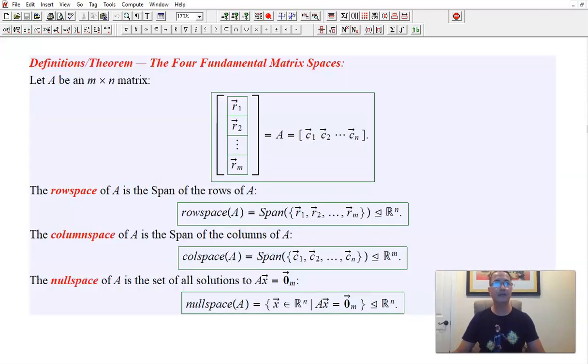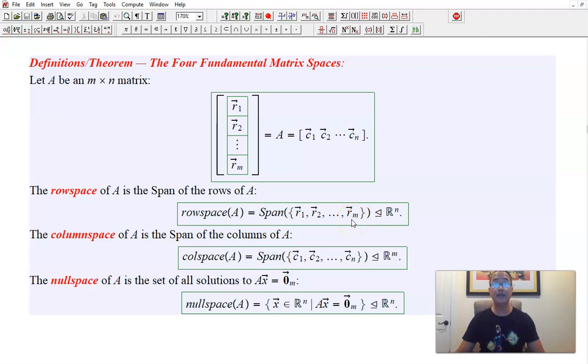So here are our definitions. Let us take an m by n matrix A, and let us write it with the rows as row 1 to row m, because there are m rows, and column 1 to column n, because there are n columns. The row space of A is simply the span of the rows of A. So it's the span of row 1, row 2, through row m.